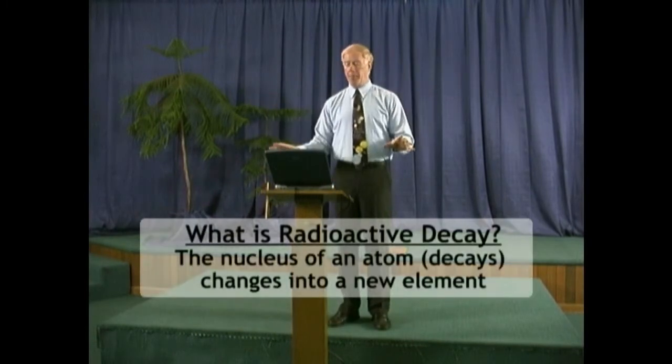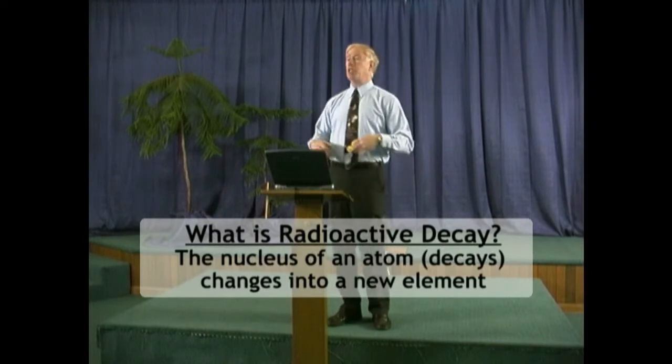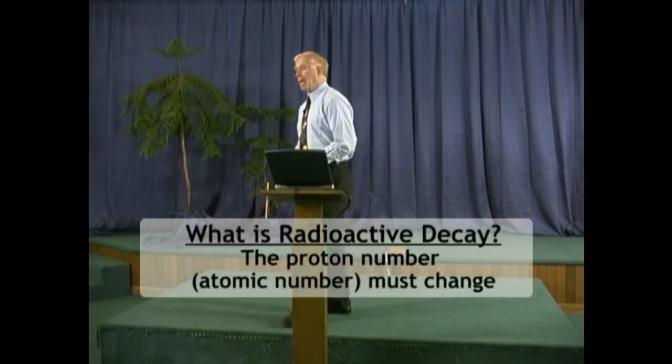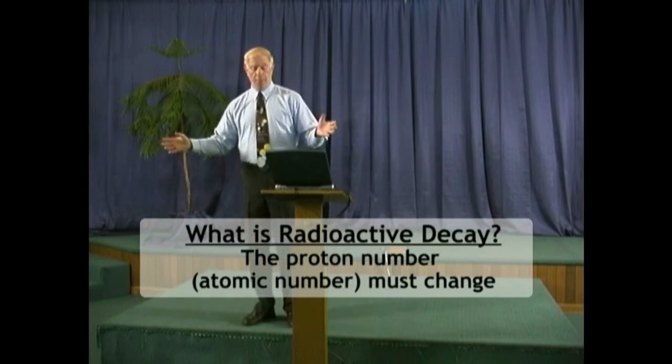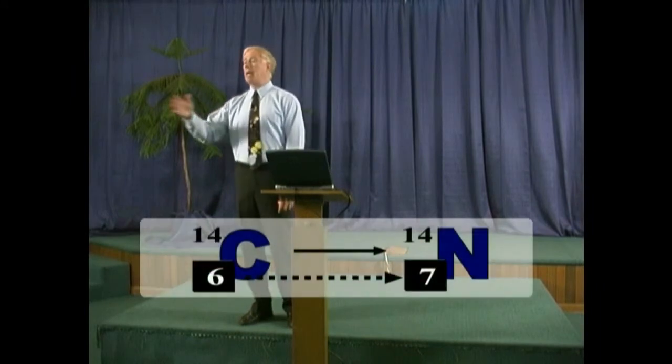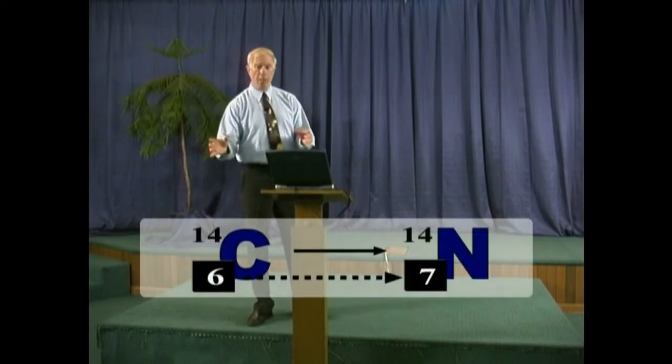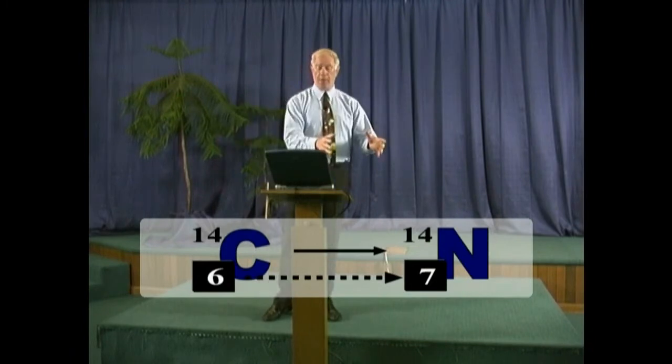So now, what do we mean by radioactive decay? That is when the nucleus of the atom decays or generally changes into a new element. In other words, the proton number has to change. For example, carbon-14 radioactive decays into nitrogen-14. Now, what's happening there? We have carbon.